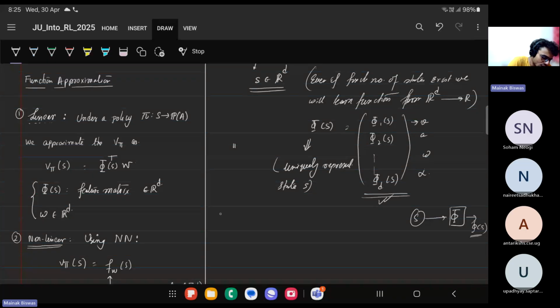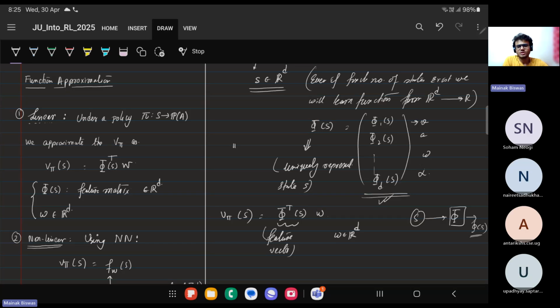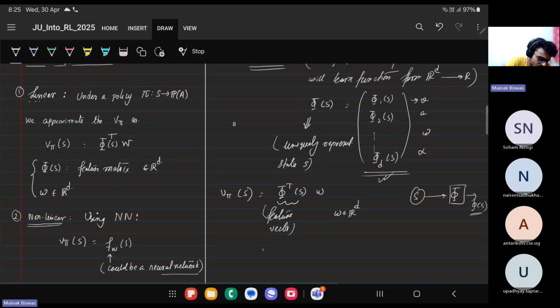Now what you try to do is define the value function as just the feature vector times some w, where w belongs to R to the power d. Because d features are there, this is the summation of phi_i of s times w_i, for i equal to 1 to d. Is this clear for everybody?